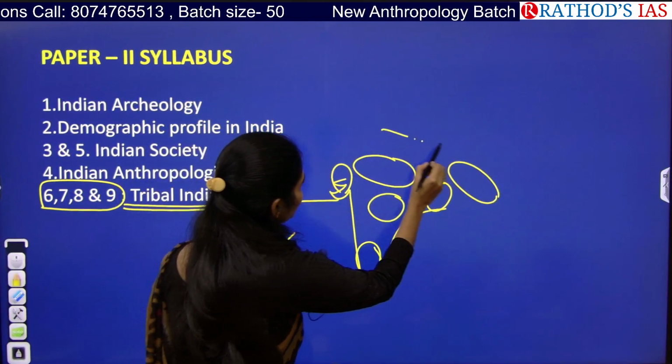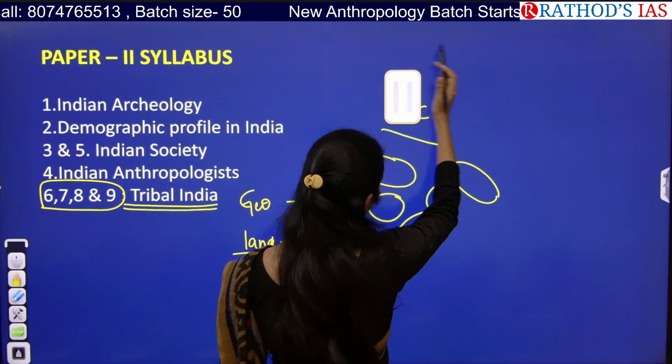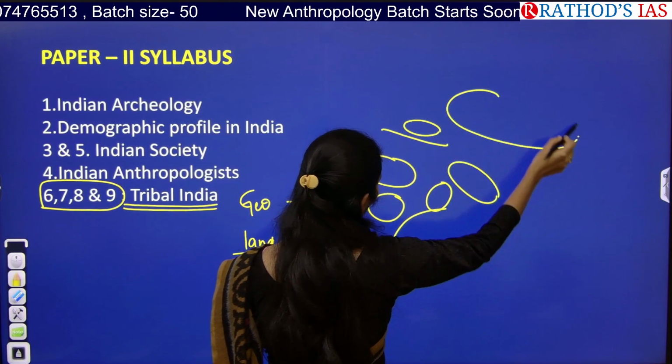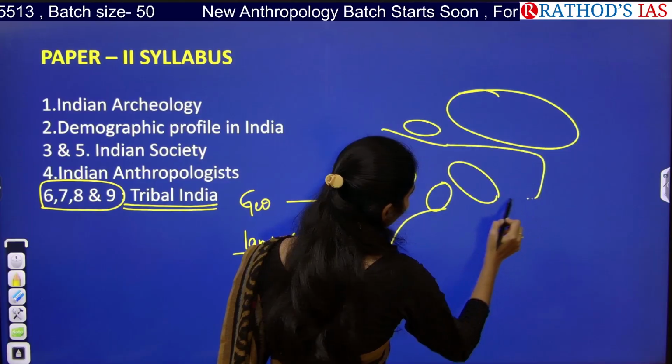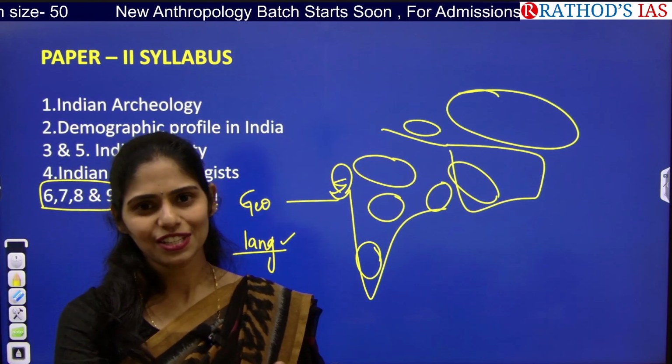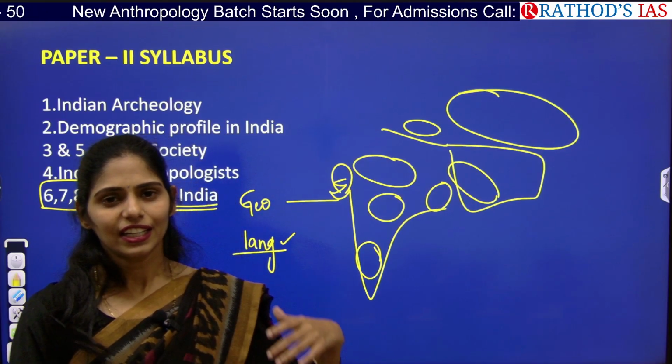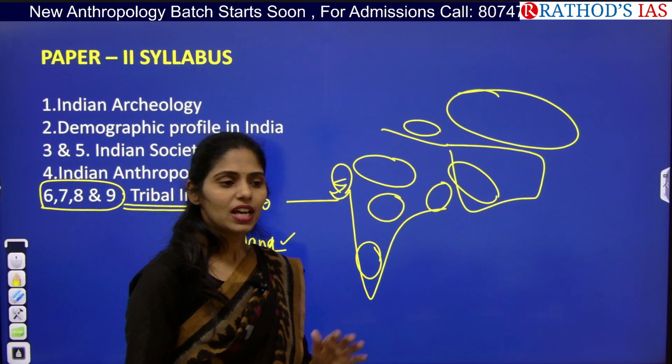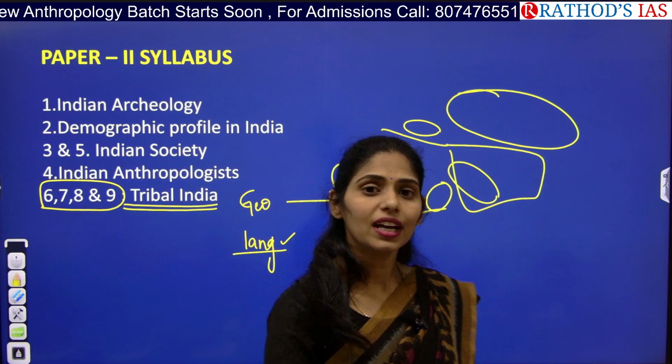So here we have China, here we have Tibet, right? Earlier we used to have Tibet here and China here. Especially tribes present in this region have intermixing of language of India as well as China. Like that we have different types, like Sino-Tibetan language.